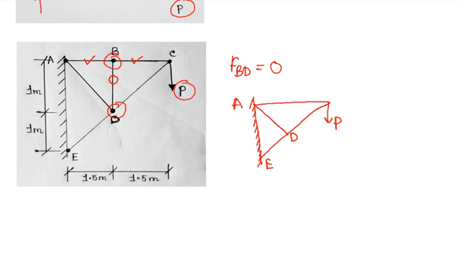Here you can see D is also reduced to a 3-member joint, right? Out of which ED and DC are collinear. So the third one, AD, will be a non-collinear member, and as per theorem 1 it will be a zero force member. So we can write that the force in member DA, or AD, will be 0.